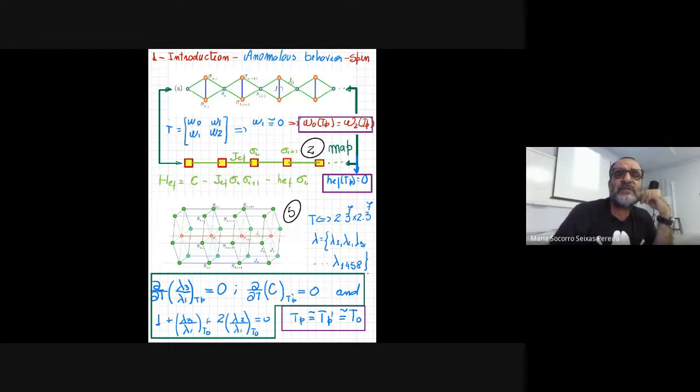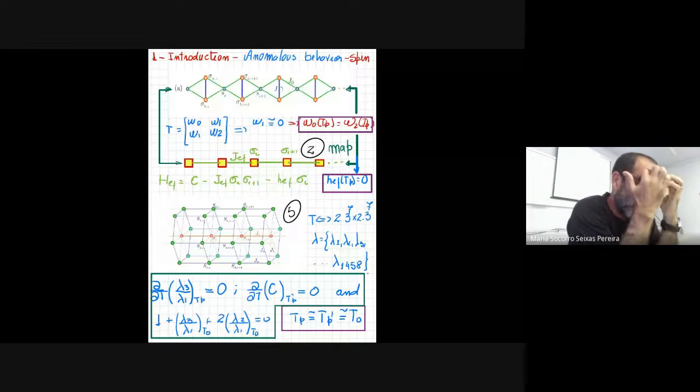And if we consider w1 near to 0, we can think that w0 equals w2. In this condition, we can obtain the temperature of the pseudo-transition. This is the first step to obtain this pseudo-transition using the model of the master's degree of Jordana.